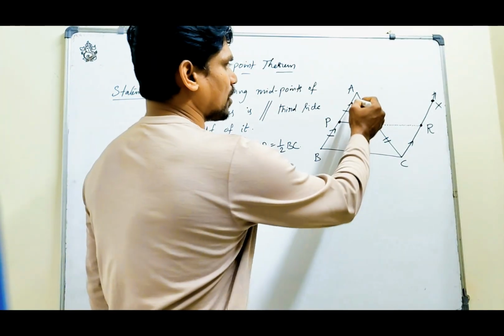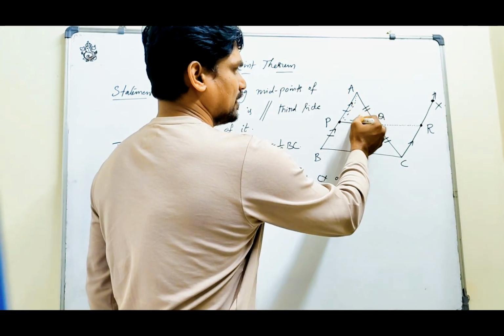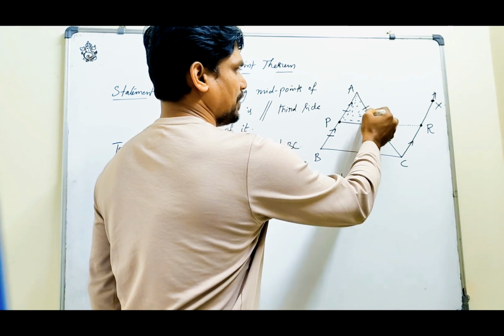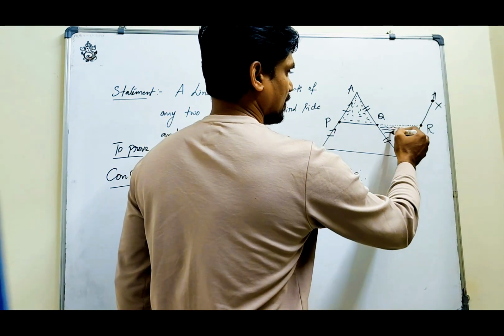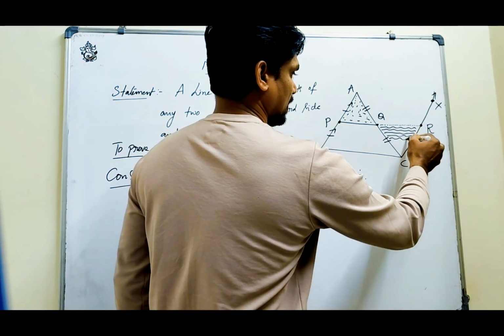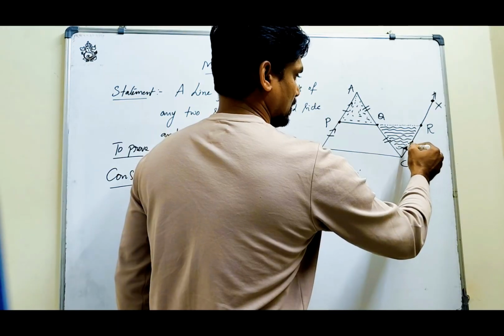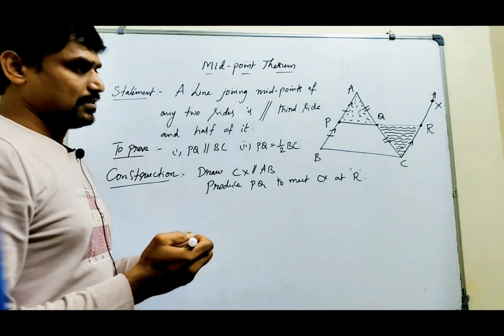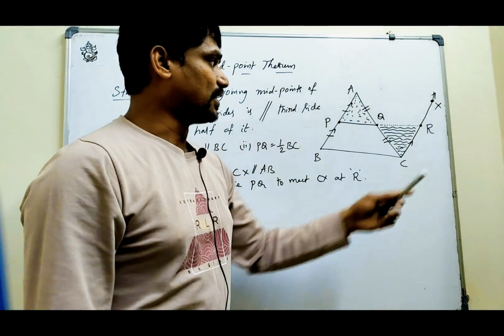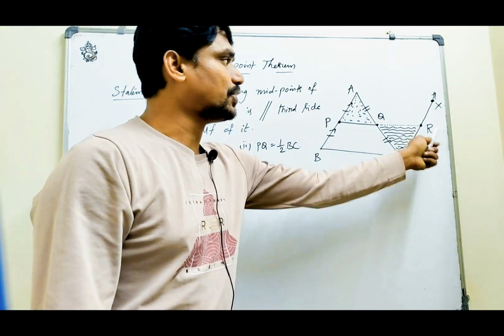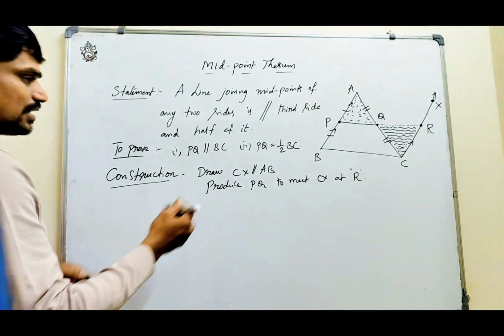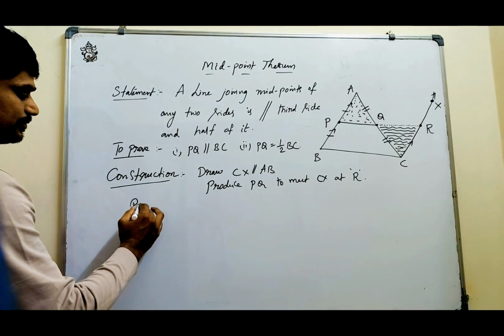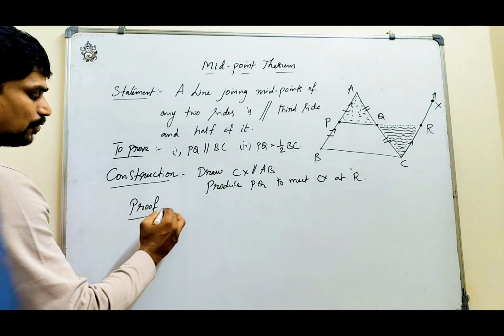Let's talk about triangle APQ and triangle CQR, AQP and CQR. Let's observe these two triangles. Now proof. What is proof?